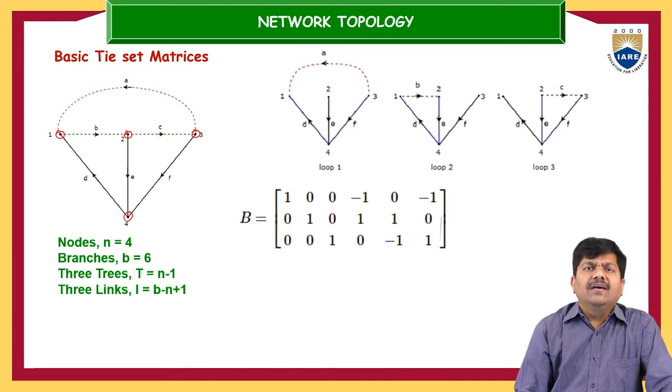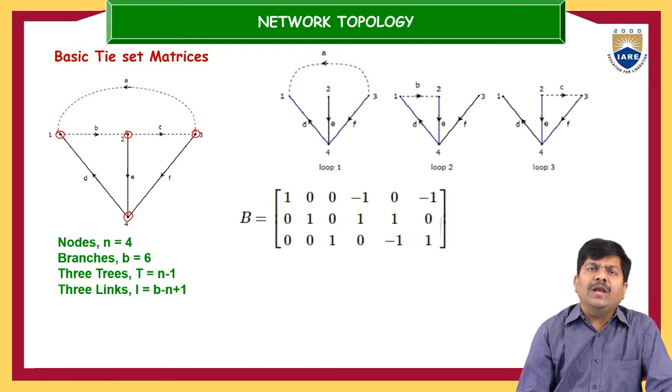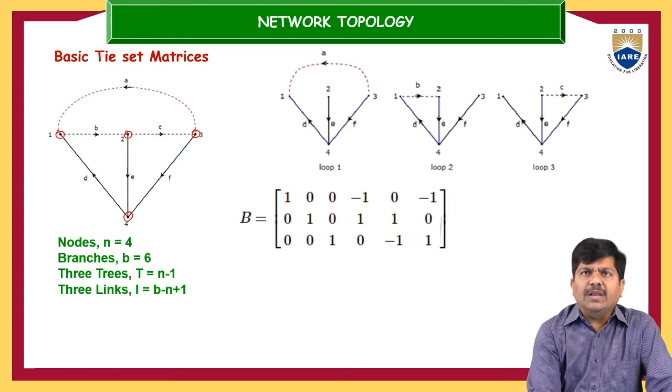I mean, how many branches or elements does it have? Element 1, 2, 3, 4, 5, 6. So there are 6 elements, in other words 6 branches: element A, element B, element C, element D, element E, element F.